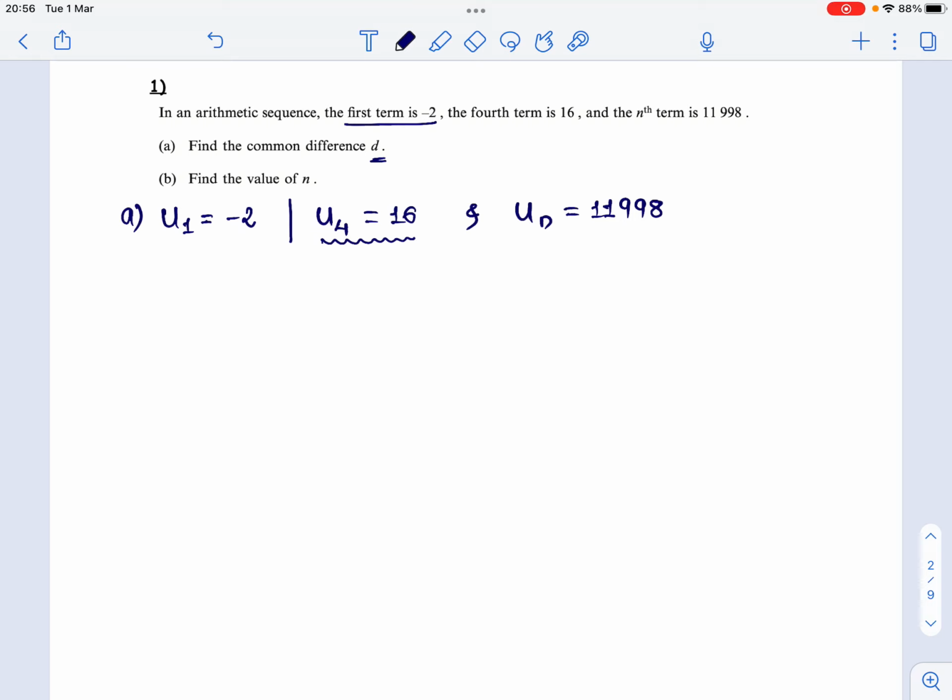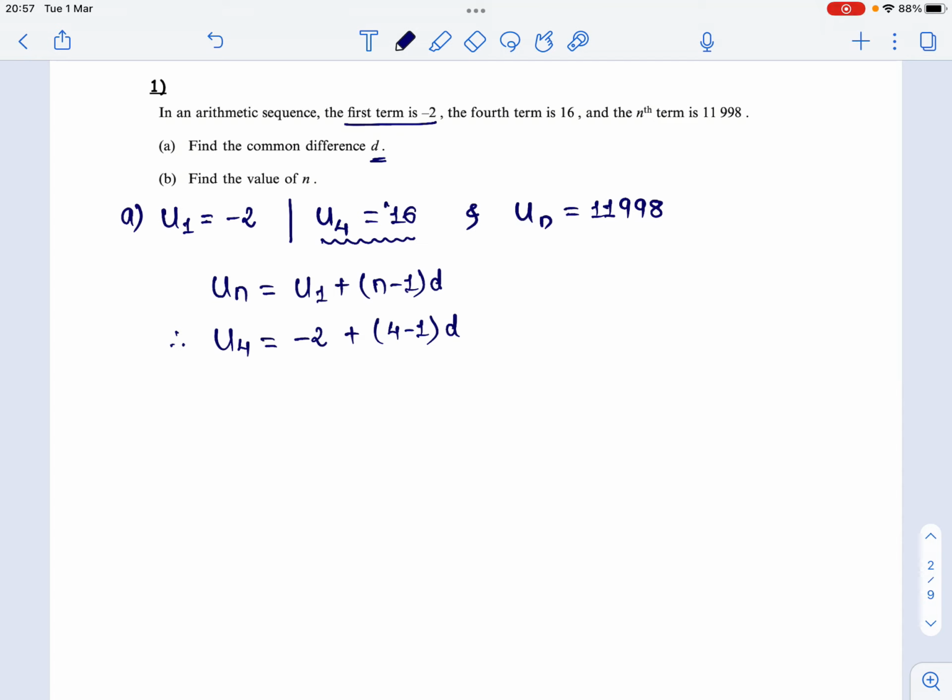U stands for term, and we know the term formula is un is equal to u1 plus n minus 1 times d. So we will write u4 is equal to u1, which is minus 2, plus 4 minus 1 times d.